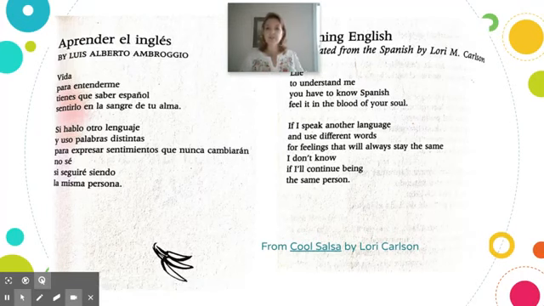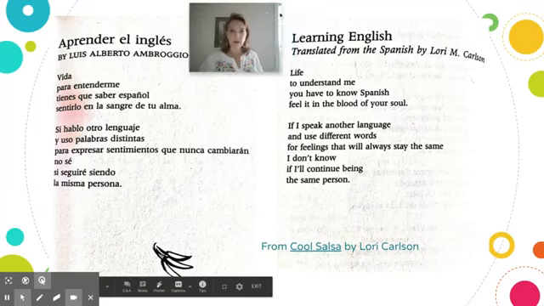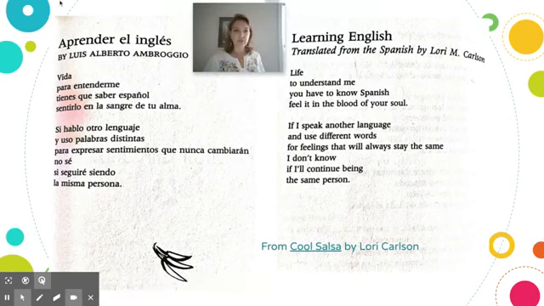And this was translated, but by someone else. So they partnered up and had a friend help them, or a published author do it. Or this one from Lori Carlson, she took the poem and she translated it. So I said it was absolutely fine for that newcomer to write in their L1. And then we translated it, and he had both to practice from.